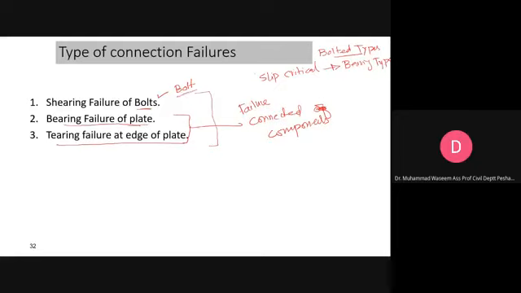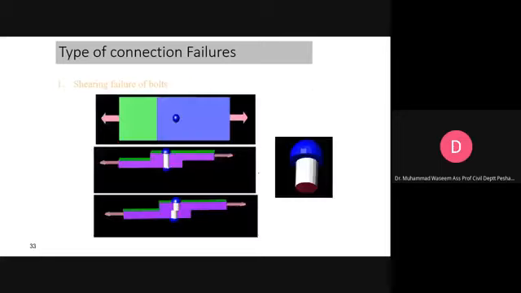So these three types of failure can occur in a bolted connection, and that bolted connection is a bearing type connection, not a slip critical connection.